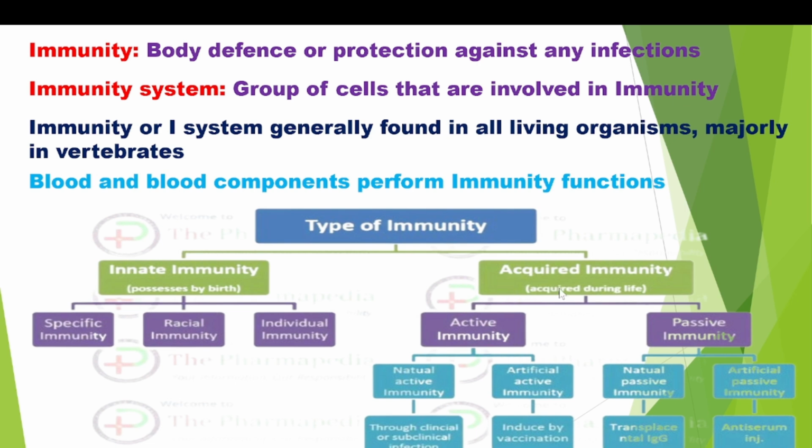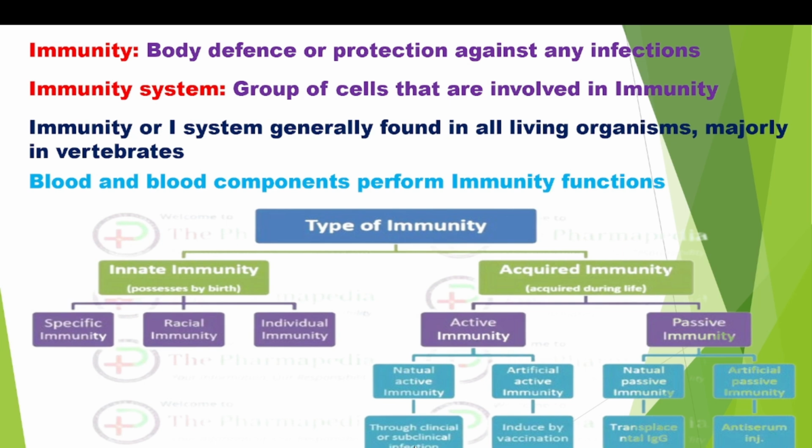Another type is acquired immunity. Acquired immunity means any living organism acquires immunity during its lifetime. This is known as acquired immunity or artificial immunity. This acquired immunity is again categorized into active and passive. Active has two types. Natural active immunity means through clinical or subclinical infections.